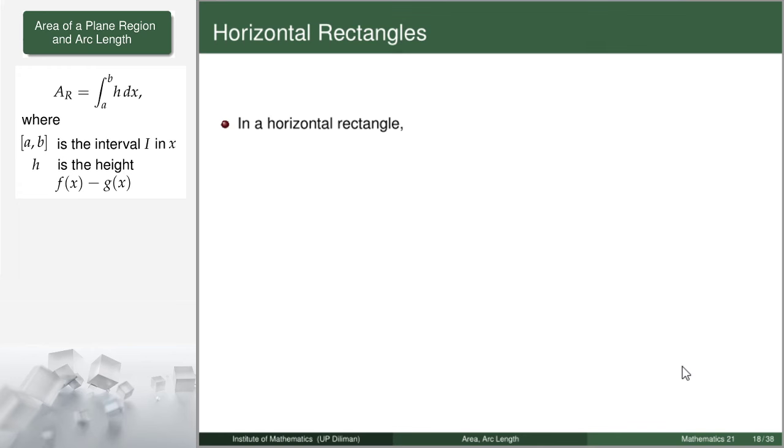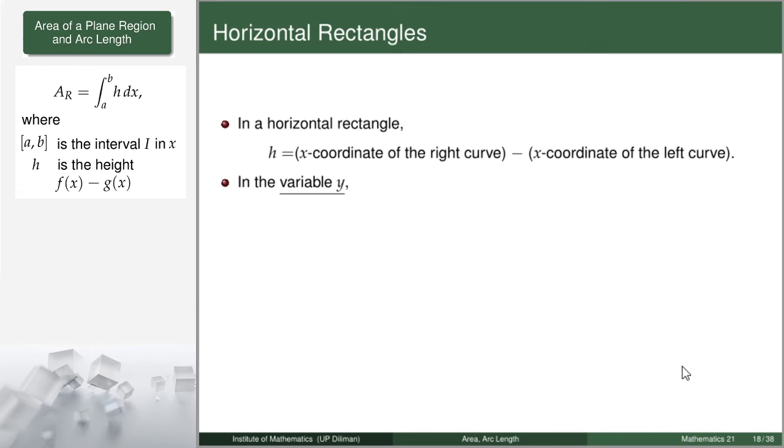As we have discussed in the first video, whenever you have a horizontal rectangle, the height is a change in x. And that means it's the x-coordinate of the right curve minus the x-coordinate of the left curve. And because whenever you are going to use the horizontal rectangle, the width is in terms of y.